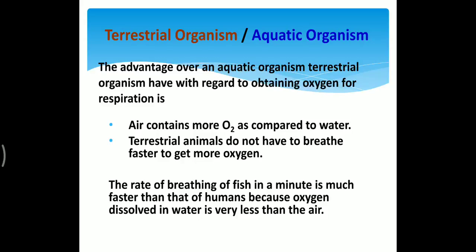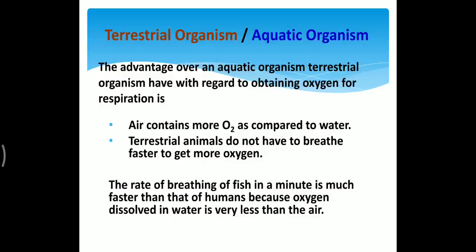The difference between terrestrial and aquatic organisms. The advantage terrestrial organisms have over aquatic organisms with regard to obtaining oxygen for respiration. It is more beneficial for terrestrial organisms which live on land than for organisms dependent on oxygen which live in water. Air contains more oxygen as compared to water.